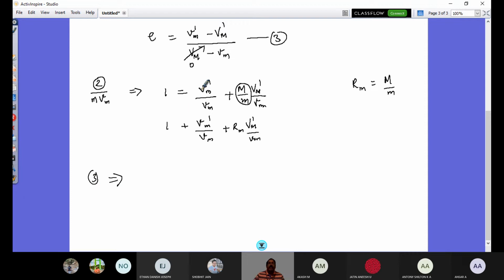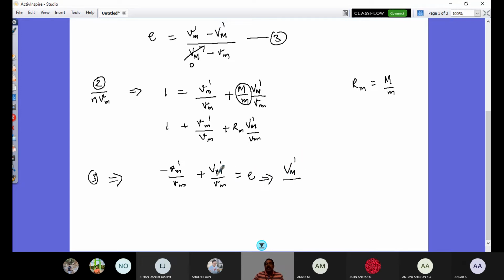So I'm going to retain, see this is going to be divided, this Vm is 0 here, so this is going to be vm dash by vm, that's with the minus sign, so minus vm dash by vm, and then it becomes plus capital V capital M dash by small vm, that's equal to e. Equation 3 is written again like this. And from this, I'm going to write the expression that I needed. So what is that going to be? Capital V capital M dash by.